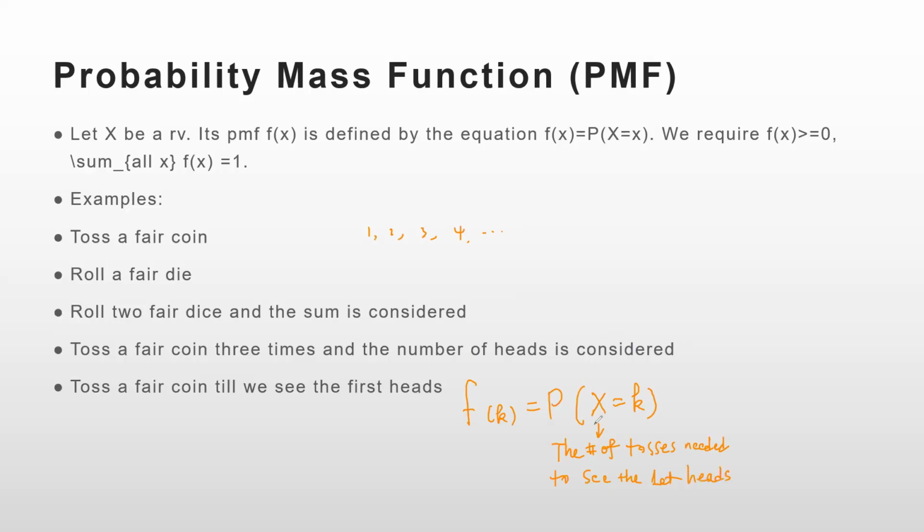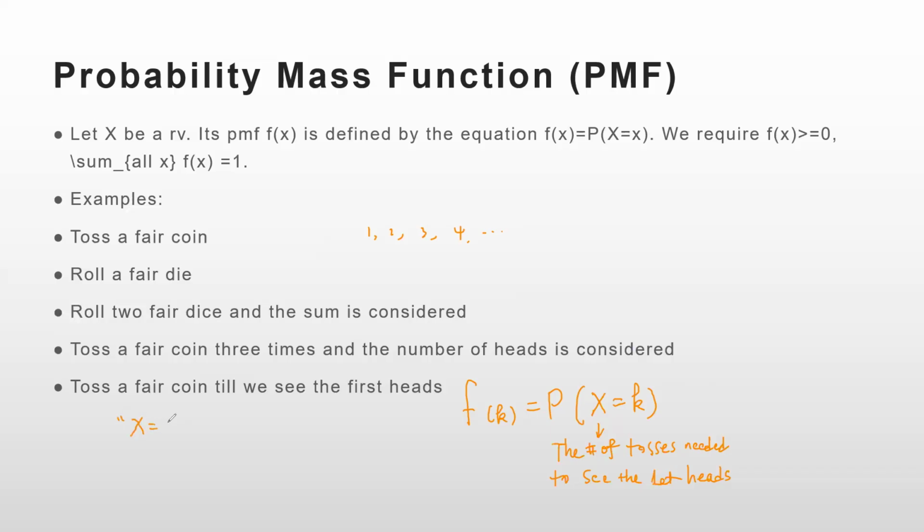So we study this event, x equaling k. What does it mean? It means the first heads is shown on the kth toss. Because the first heads, that means the previous k minus 1 tosses are tails.